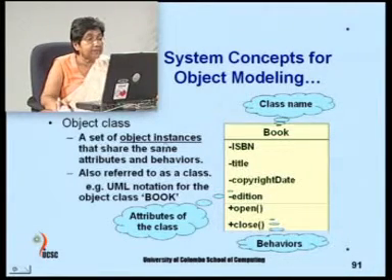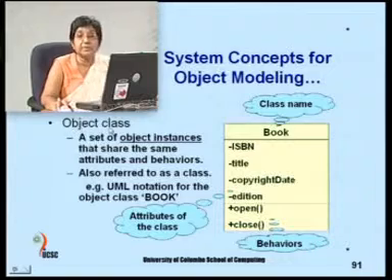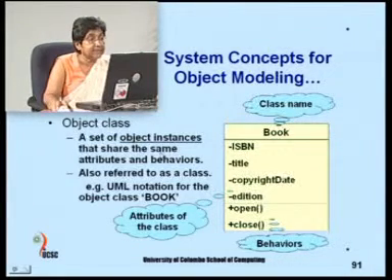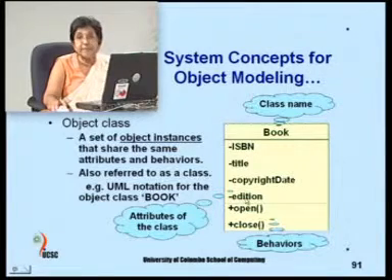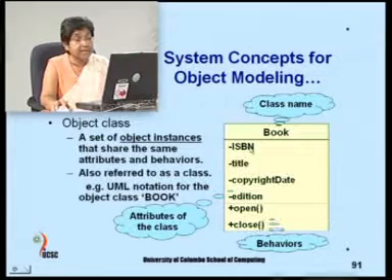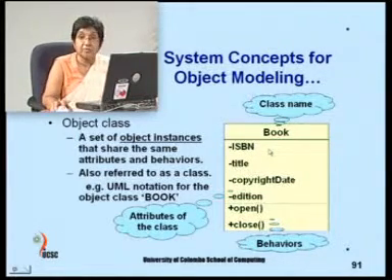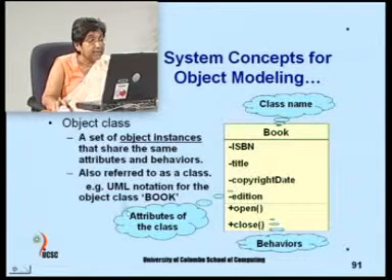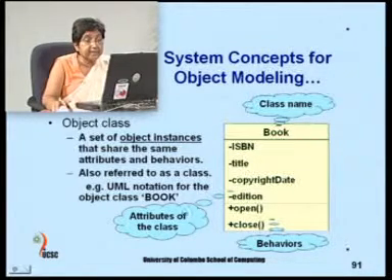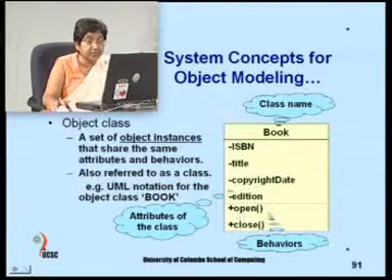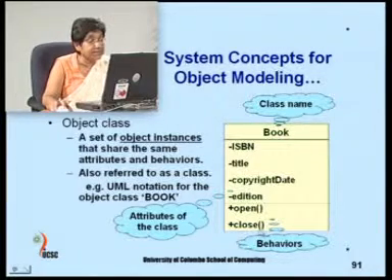So, a set of object instances that share the same attributes and behaviors is what you call an object class. They can be described by these various attributes, though of course they will have different values for each attribute for different instances of the class book. And the behaviors are like open, close and so on.